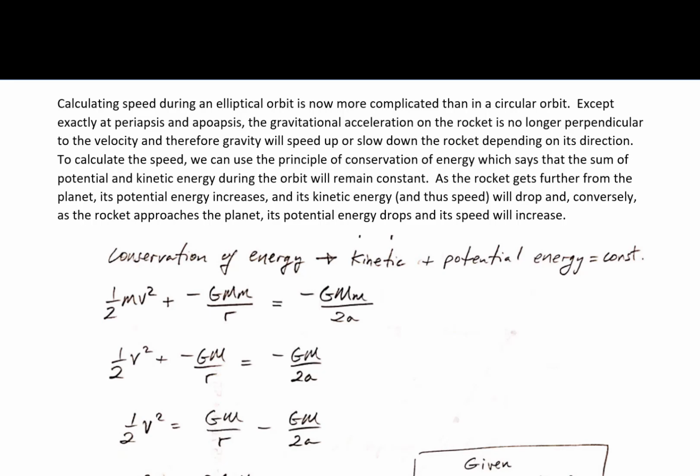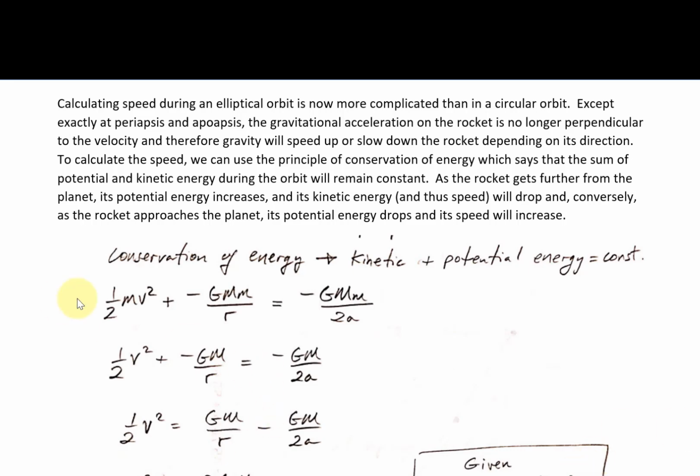So to calculate speed, we can use the principle of conservation of energy, which says that the sum of the potential and kinetic energy during the orbit will remain constant. As the rocket gets further from the planet, its potential energy increases and its kinetic energy and thus speed will drop, and conversely, as the rocket approaches the planet, its potential energy drops and its speed will increase.